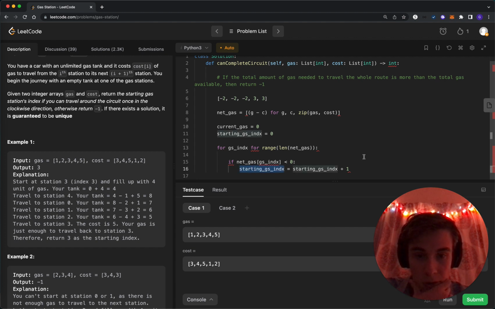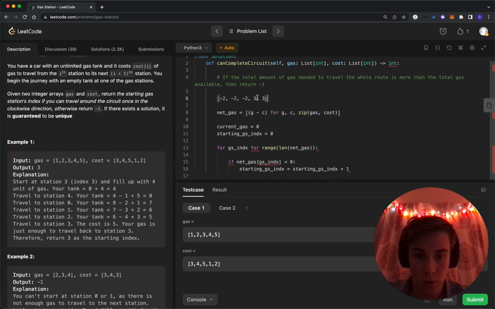Start at the next one. Right? Explore this option. So in here, I'm going to say also don't start here. Also don't start here. Here, I'm not going to be told not to start here. This is going to pass through, and starting gas index is going to be left here.